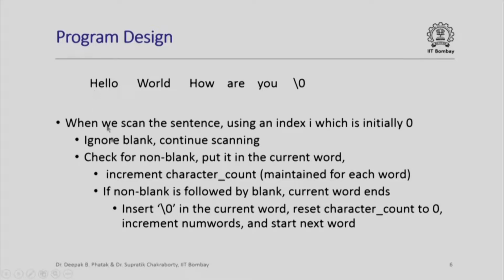When that happens, we will insert a \0 in the current word, and reset the character count to 0 because for the next word we have to start counting characters again. We will increment the number of words which is stored in a variable numwords, and we start the next word. Notice that numwords can also be used as an index for the row of the two-dimensional array word because that represents the number of words.